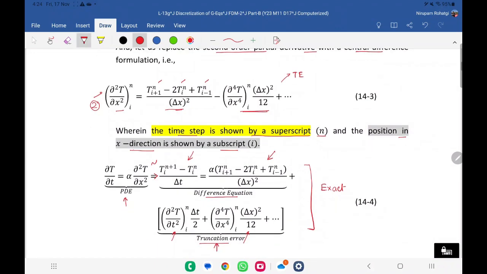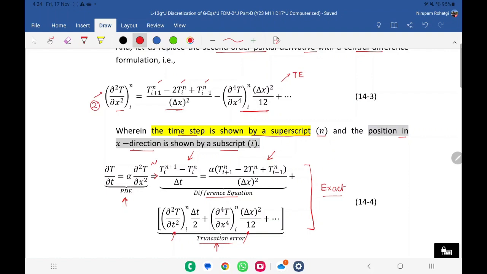Okay, so this is our original equation and this is our difference equation, along with these truncation errors. As long as you count the truncation error, your expression is exact. But then you cannot go along with the truncation error, so you drop it, assuming that it is small. And how do you make it small? By making delta t and delta x very small, negligible.